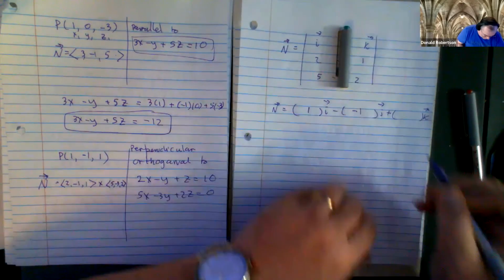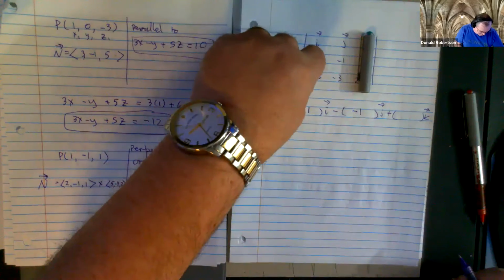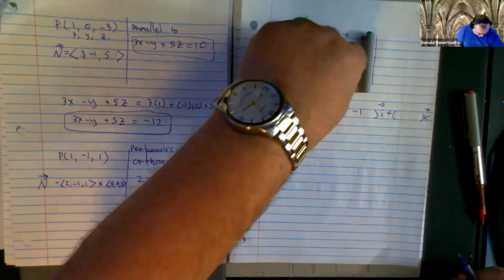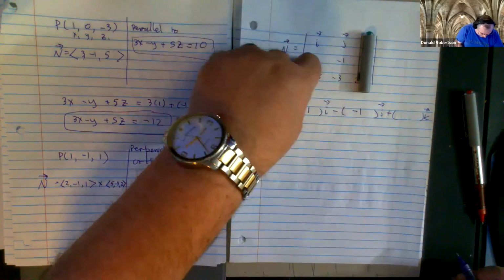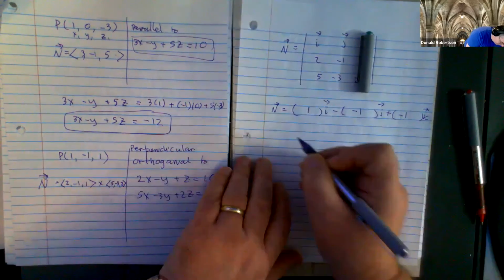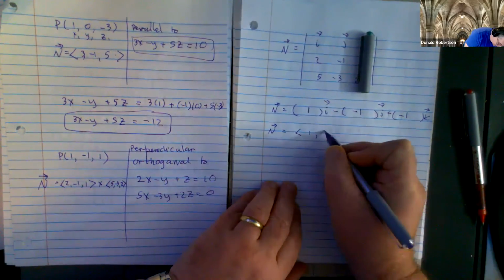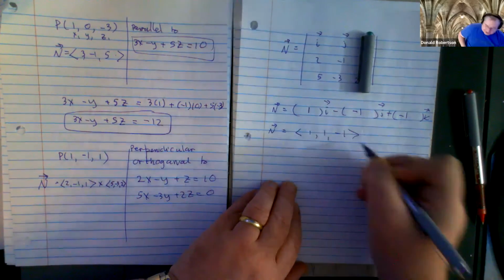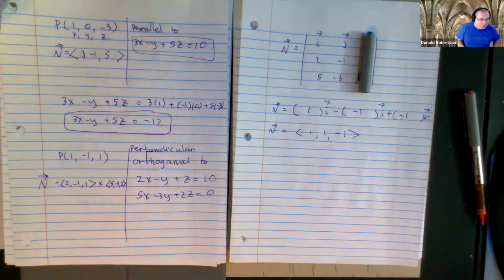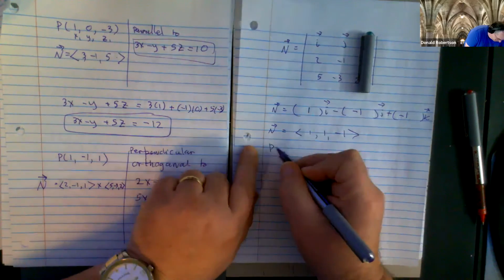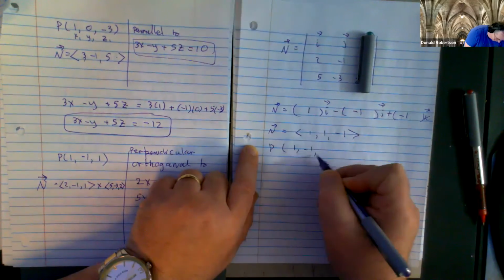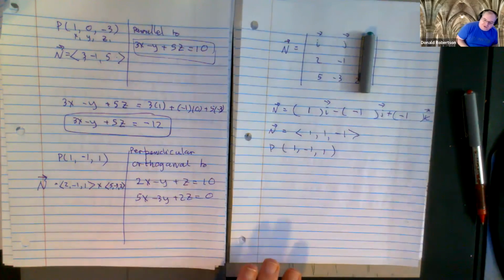That's 4, take away 5, gets me -1. And that's -6, take away -5 is added, -6 plus 5 gets -1. And I'm kind of lucky today, and the numbers are quite pretty.